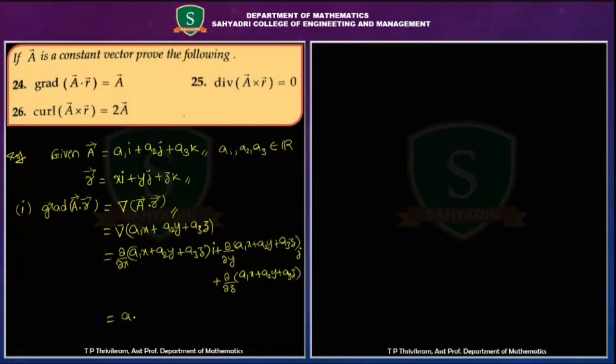So I'll get a1 i plus, differentiating with respect to y, a2 j plus, differentiating with respect to z, a3 k.